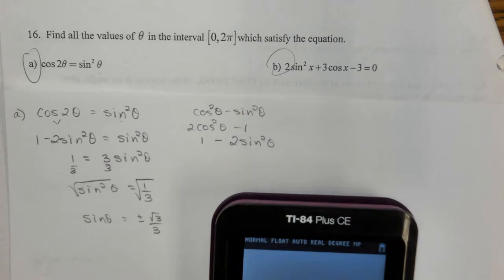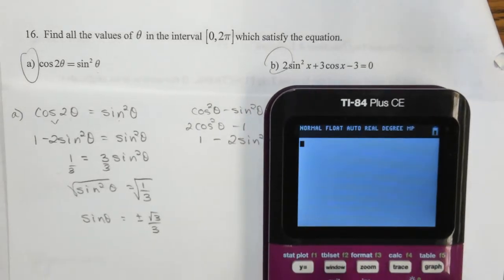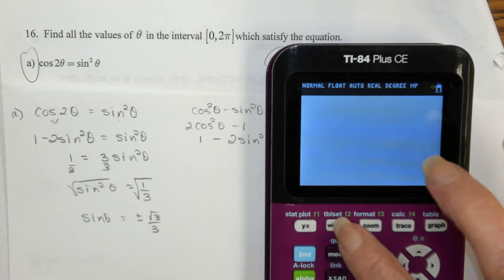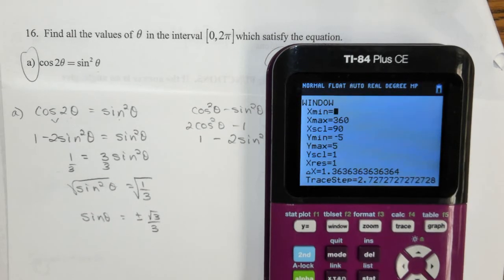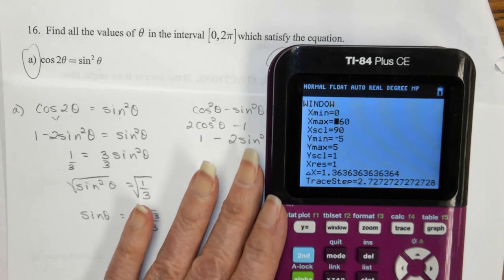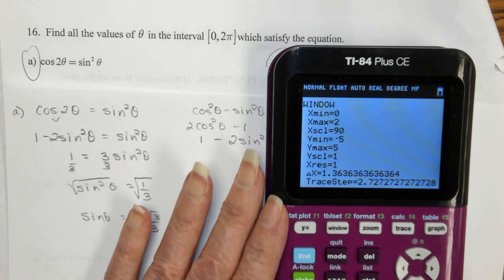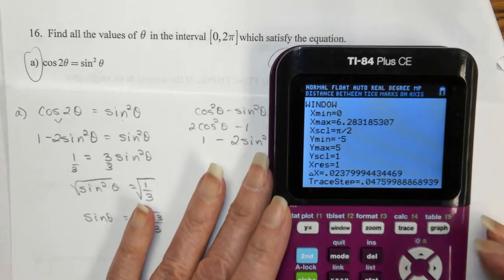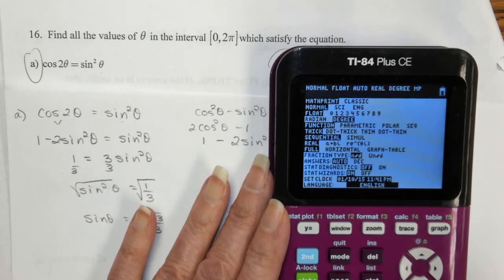So what we're going to do is go ahead and set up the window from 0 to 2 pi, and we're going to go by pi over 2's. So that's our quadrants. And then we're going to make sure that our calculator is in radian mode.